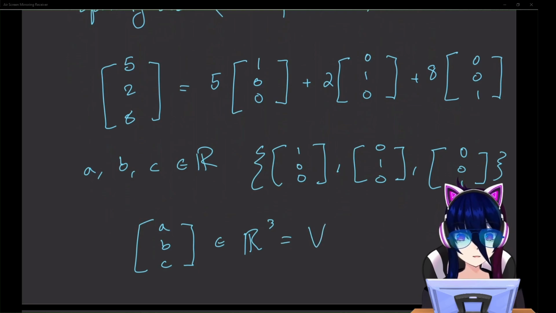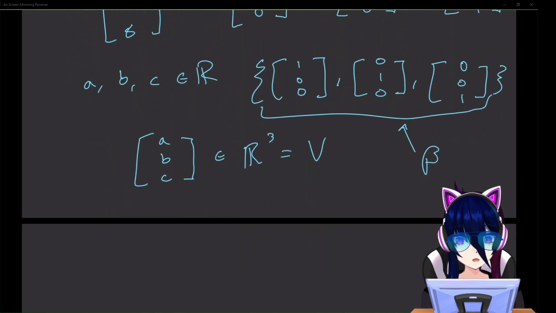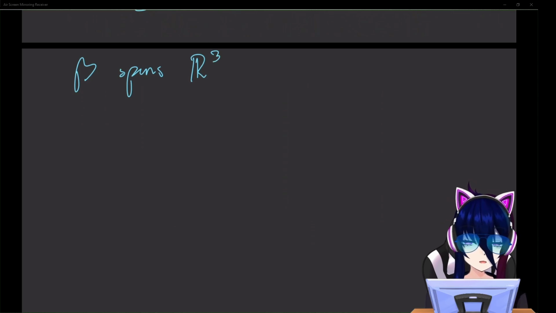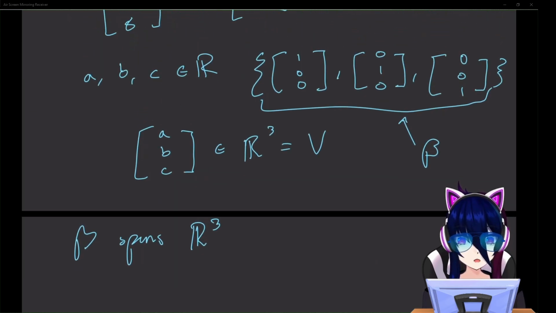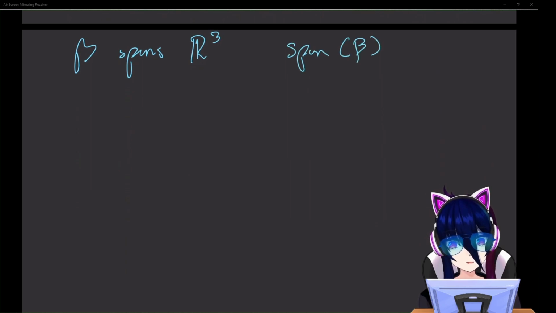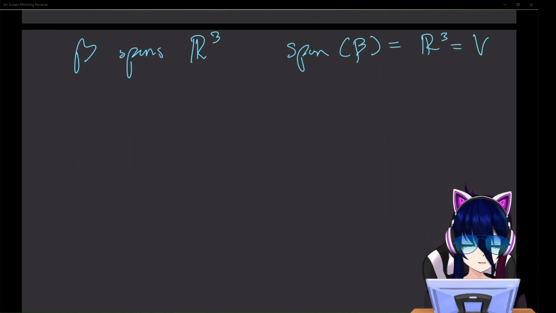So we're going to go ahead and refer to this group here. We're going to call this beta. Alright, so we've shown that beta spans R3, because I can make anything in R3 just from multiplying a number by these vectors and smacking them together. So we write that by saying the span of beta is equal to R3, in this case, V.